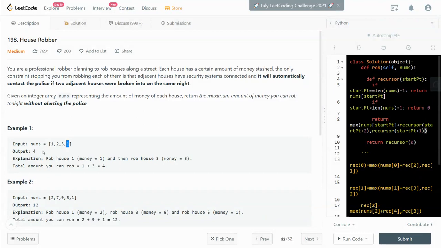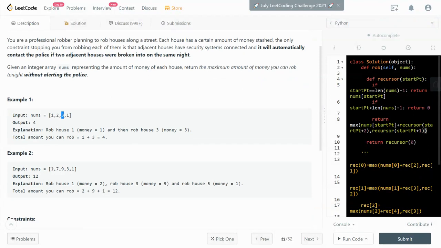So there are three ways to do it, and after comparing all the ways, robbing the first one and then the third one gives us the highest amount of money.